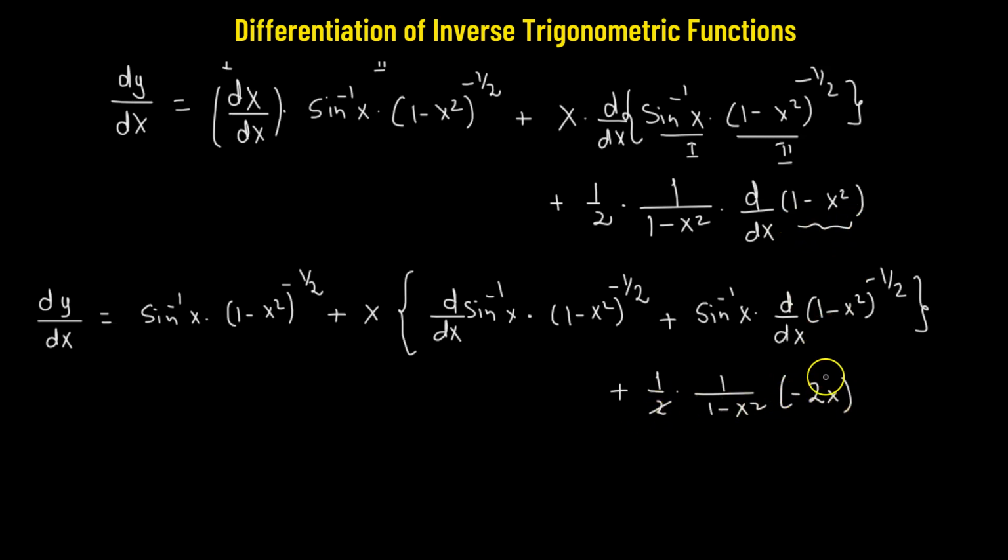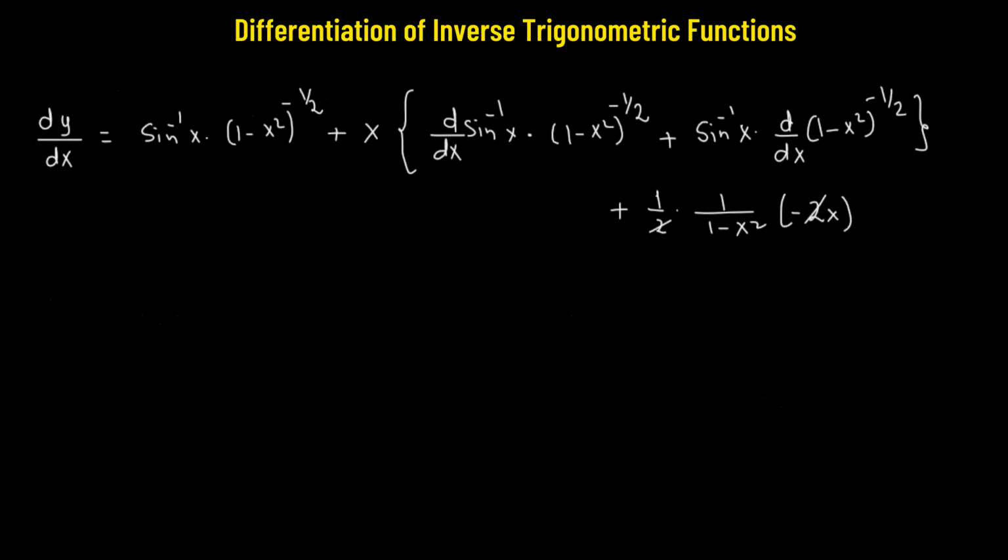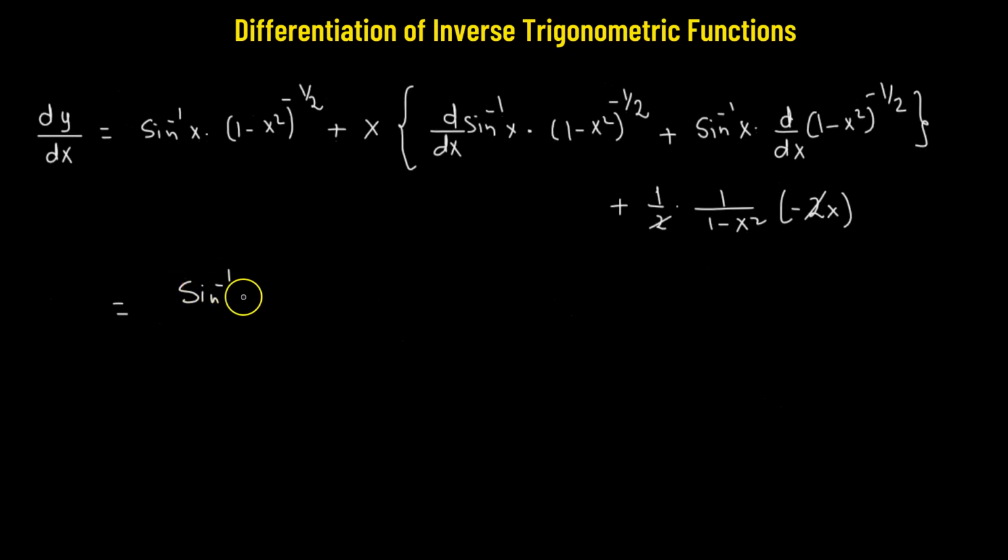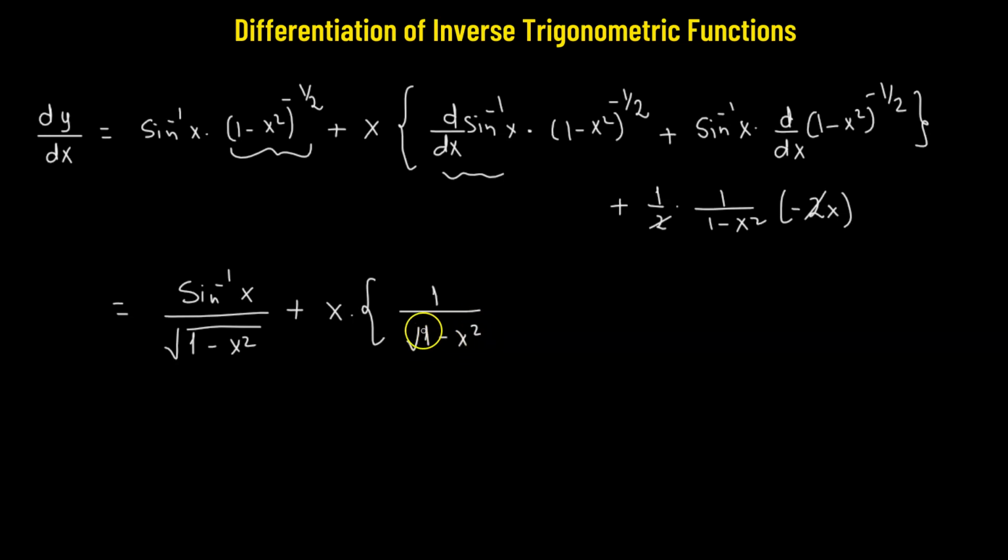We can cancel out the 2 and further simplify. So we have sine inverse x, and let's take this term to the denominator, so this will be simply square root of 1 minus x squared, plus x times the derivative of the inverse sine function, which is given by 1 divided by square root of 1 minus x squared. We'll take this to the denominator as well, so this will be 1 over square root of 1 minus x squared, plus sine inverse of x times the derivative of 1 minus x squared raised to the power of half.